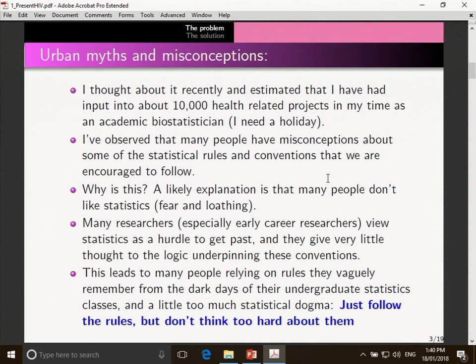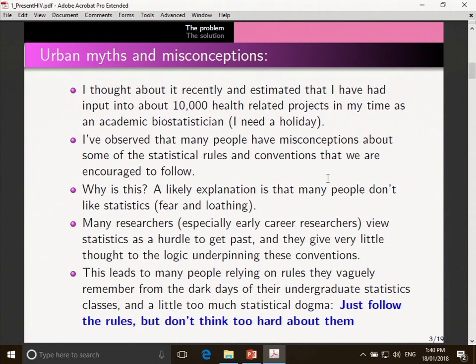So this pragmatism when it comes to statistics, a hurdle that we have to jump over. I just want to use it. I don't want to think about it. This pragmatism really does come from, I believe, people remembering these rules vaguely from the dark days of their undergraduate statistics courses, and we talked about this before, when we should be trained in statistics.